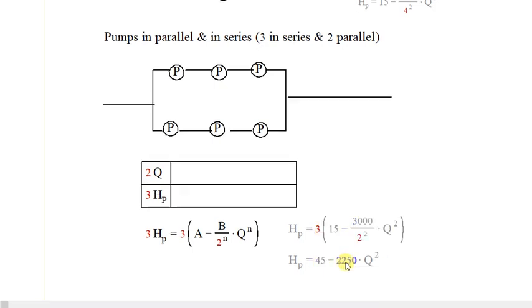So that's it, 45 minus this. This is how the equation will become for such a system.